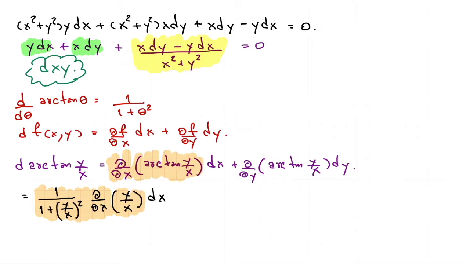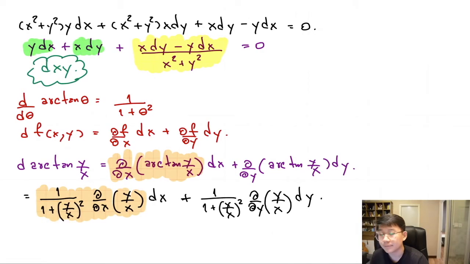And similarly, the next one is 1 divided by 1 plus (y divided by x) squared, and then we need to differentiate y over x by y, dy. Okay, is that good? And then I'll pull this out.